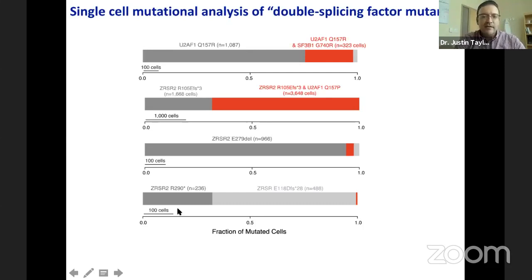ZRSR2 is on the X chromosome, and in this male patient, there's only one copy of ZRSR2, and in fact here we did not see them occurring in the same cells. So these are 2 different clones within that patient having 2 different ZRSR2 mutations.